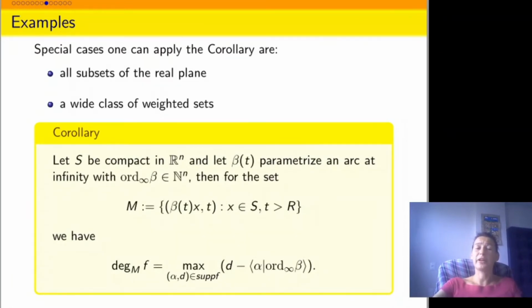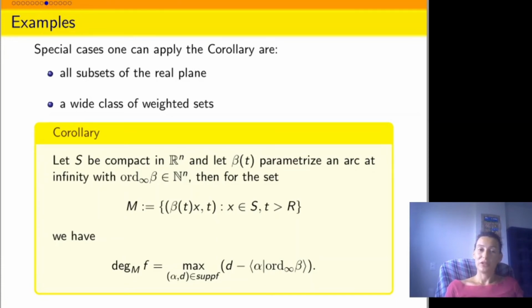A corollary is in fact that we can not only look at sets of type S kappa, we can also look at sets deformed by more complex actions, for instance, by beta, a parametrization, so not only t to some power kappa, but t to kappa plus higher order terms. And let's say that this is a parametrization of an arc at infinity, with the order at infinity being a natural number, being positive.